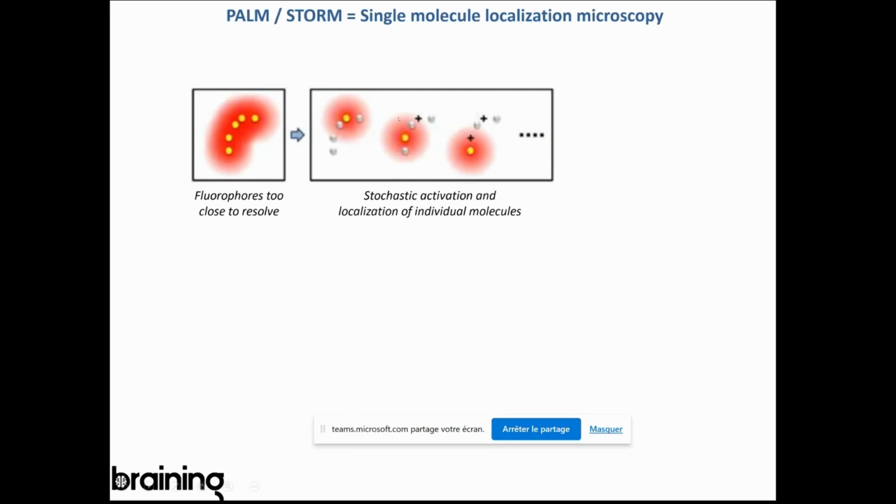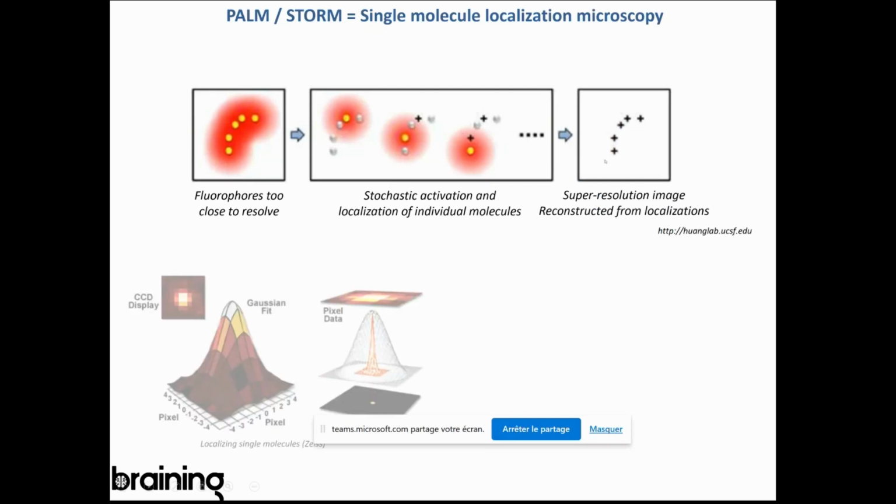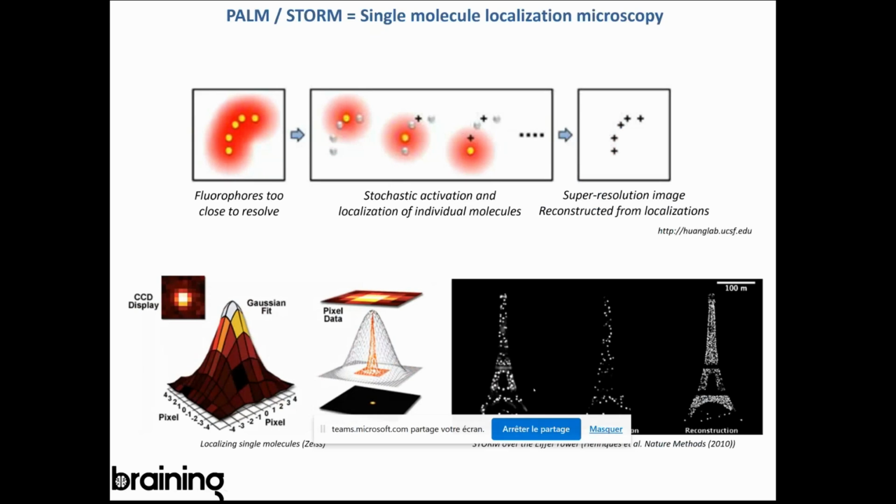You turn them on and off using different lasers, and you can reconstruct, in black here, by Gaussian fit, the localization of individual molecules, and at the end you have a super resolved, pointillist image. This is shown here for the Eiffel Tower. You see it shining, and then we can reconstruct one by one the localization of this single light, and have a very good reconstruction of the Eiffel Tower.